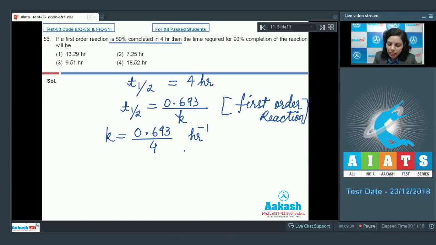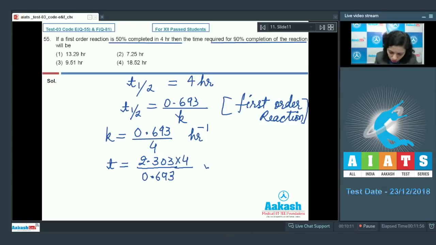Now they ask you to find out the time required for the completion of 90% reaction. So the formula that you will use here is time required here would be equal to 2.303 divided by K. What's the value of K? I'm directly writing here the value of K. 0.693 divided by 4. This is the value log A upon A minus X. A is 100 here.